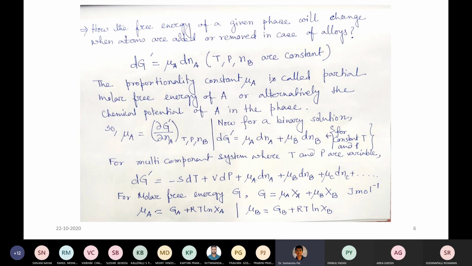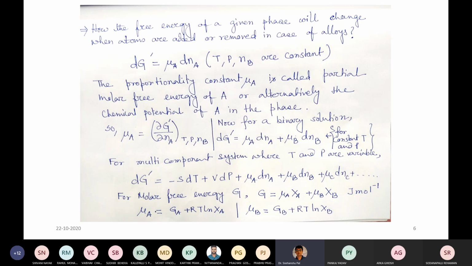So dG dot equals mu A into dNA plus mu B into dNB. This equation can be extended by adding further terms for solutions containing more than 2 components. And if you want, you can vary temperature and pressure, because in the first concept, you went for a binary system with no variation in temperature and pressure.